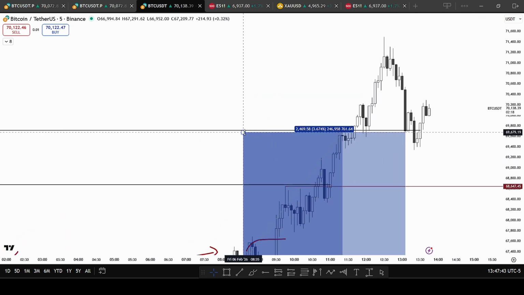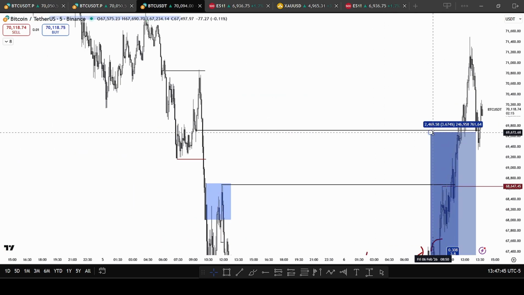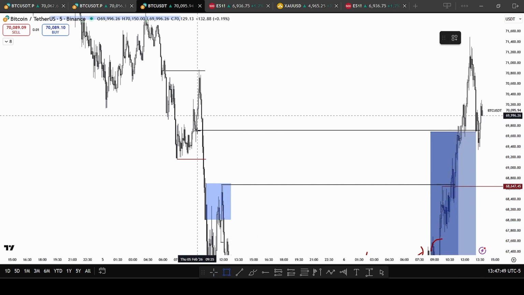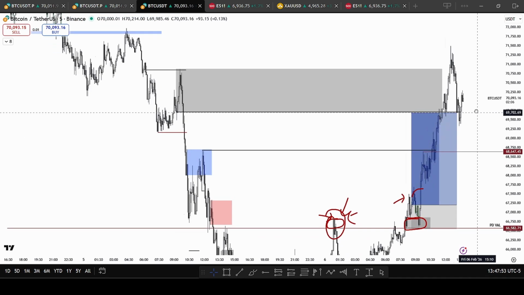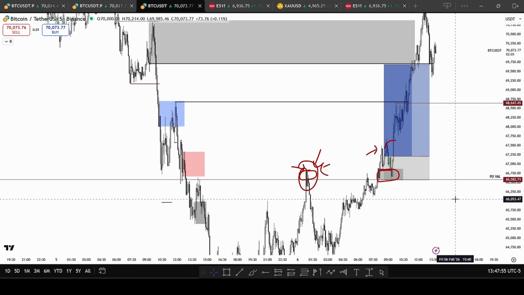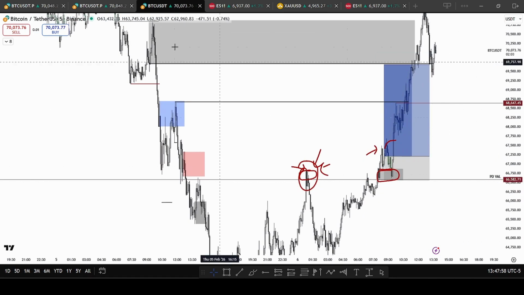We continued upside, and the target was simple, this zone, you can mark here.